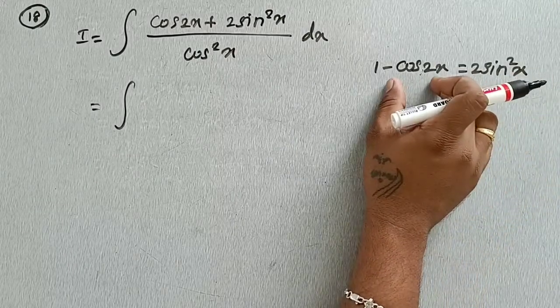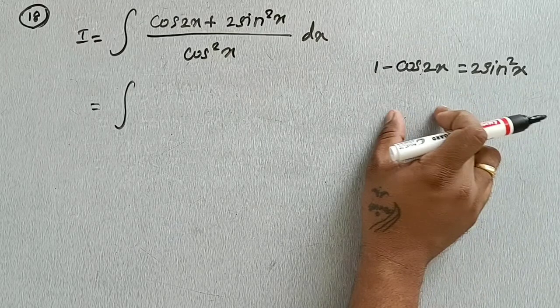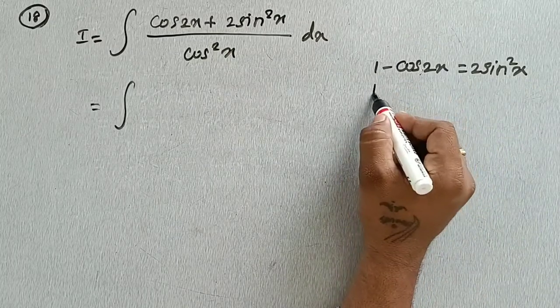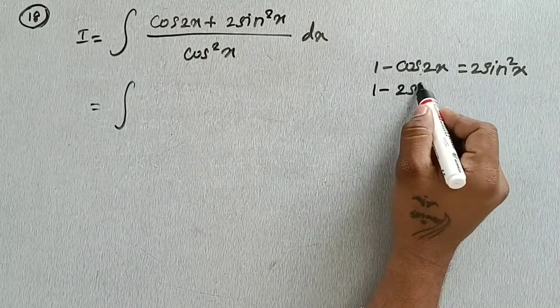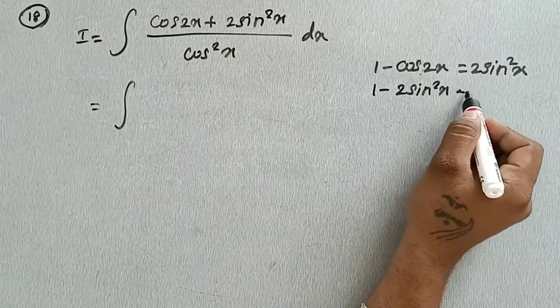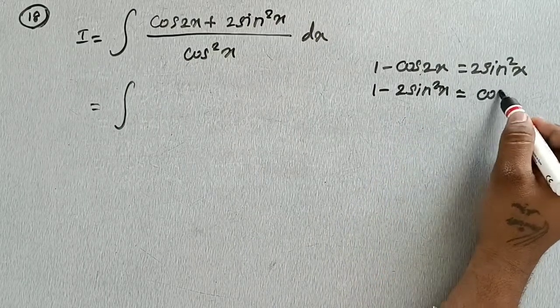So the minus cos 2x will come to this side, plus 2 sin square x will come to this side. So 1 minus 2 sin square x equal to cos 2x.